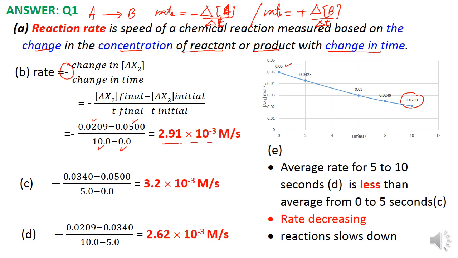C. To get the average rate from 0 to 5 seconds, first draw the line at 5 seconds that touches the curve to get the concentration at 5 seconds. From my graph, I got 0.0340 as the concentration of AX2 at 5 seconds.